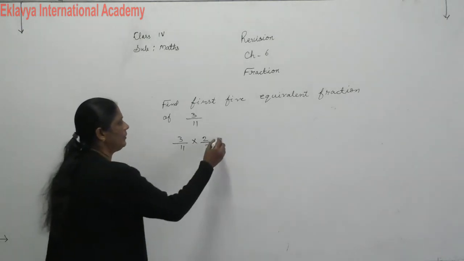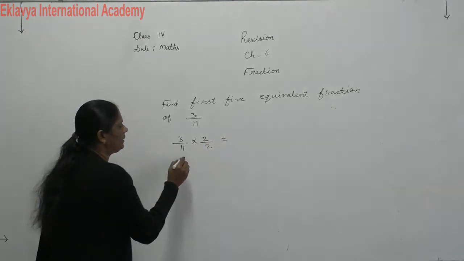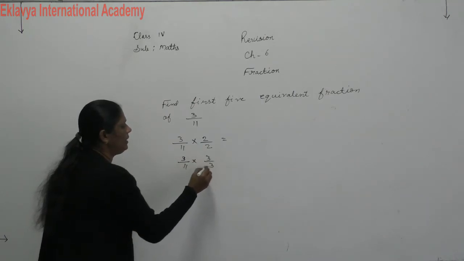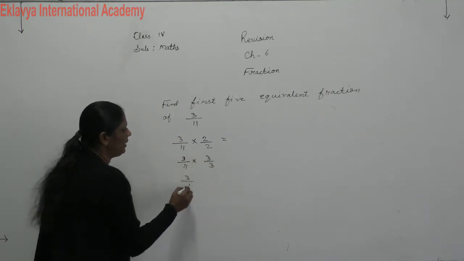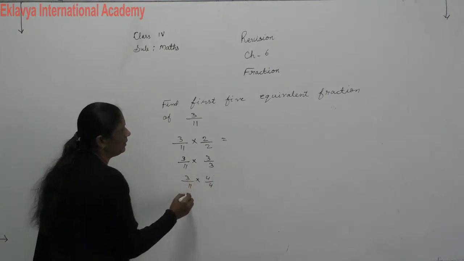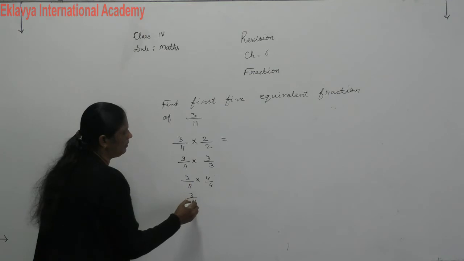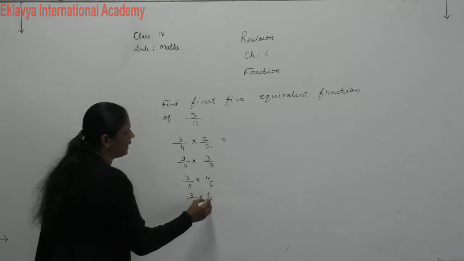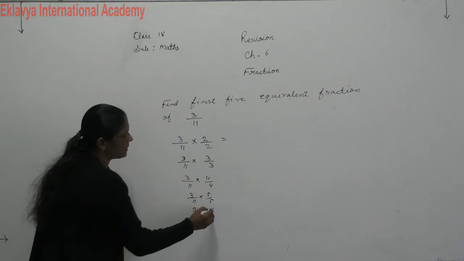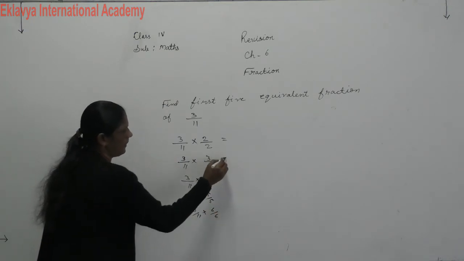Then next, 3 by 11 multiply 3 by 3. Next, 3 by 11 multiply 4 by 4. Next, multiply 5 by 5. Next, multiply 6 by 6.